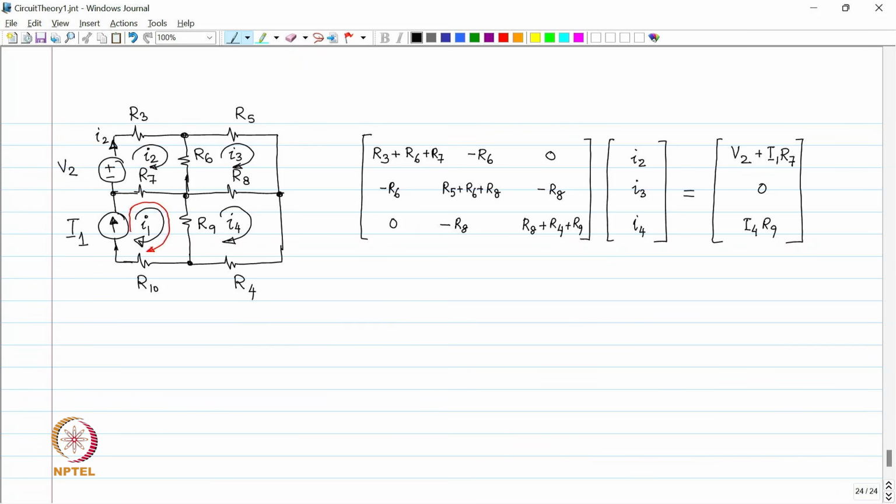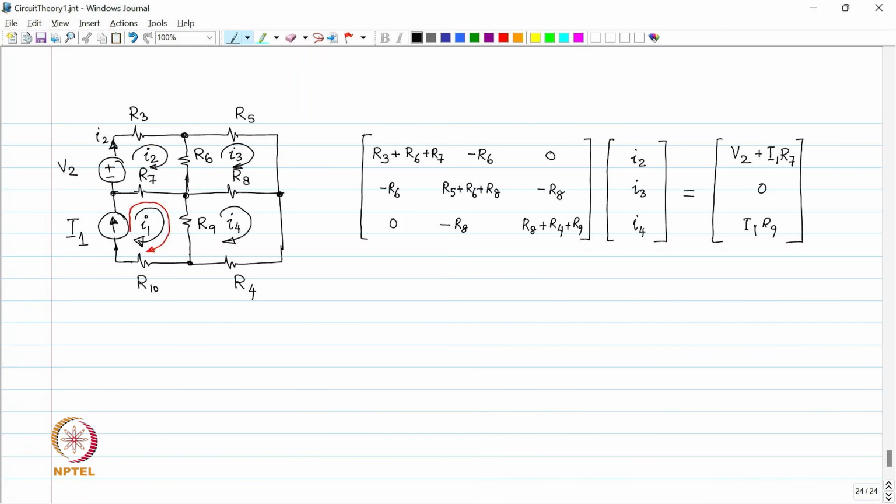Fine. I moved capital I1 R9 to the right hand side because it is a known quantity.